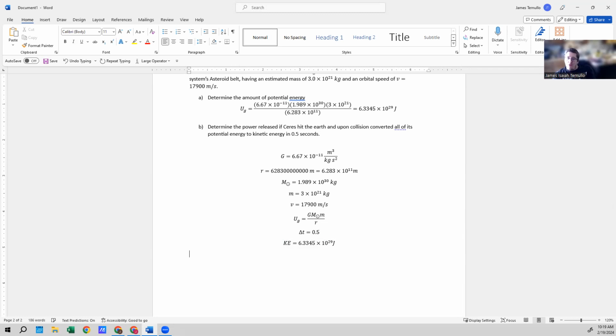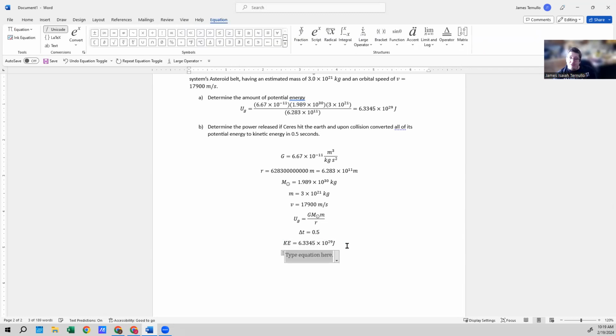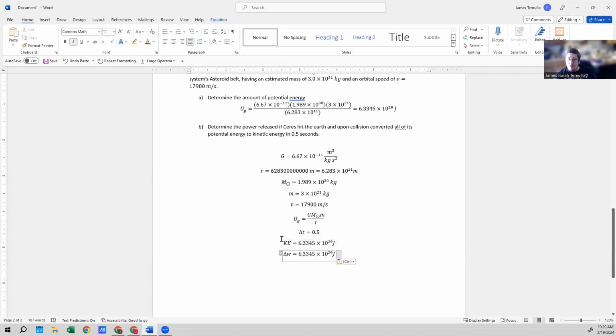So we now have a delta W because we were told that this whole quantity gets converted into kinetic energy. And we are told that that happens over a span of 1/2 second.